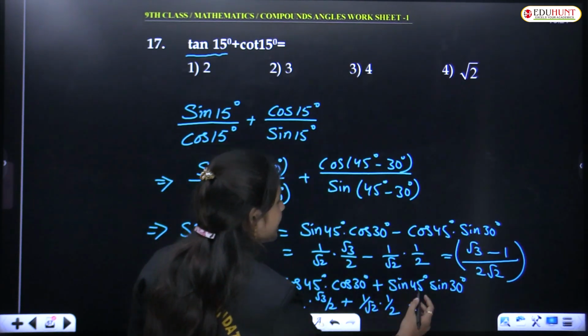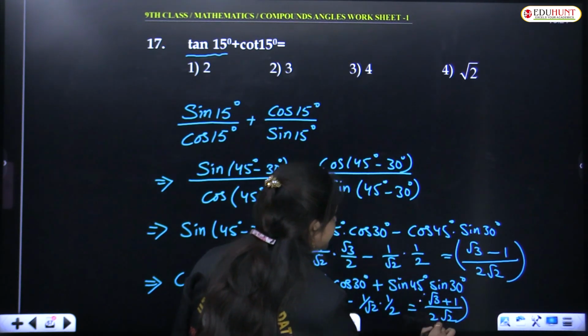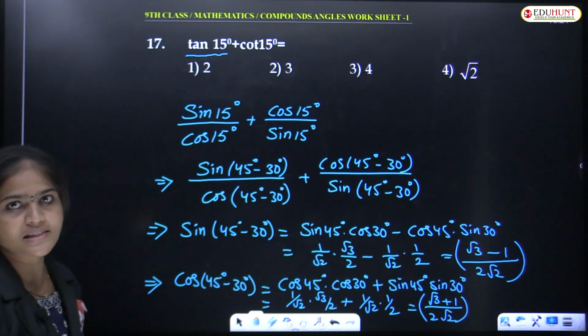Here minus is there, here plus is there. So that's why root 3 plus 1 by 2 root 2. This is the value of cos 45 minus 30.